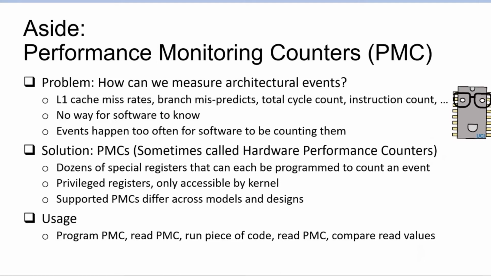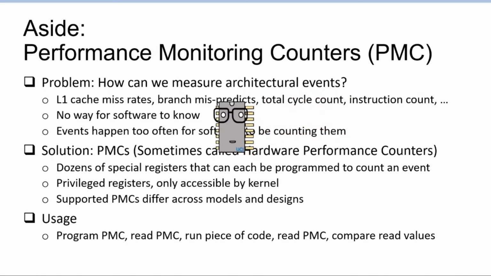How many instructions have we executed as part of this function or this program or process, et cetera. And these are architectural features. So there's really no way for the software to know, at least in detail and fine granularity, when and how these things are happening.